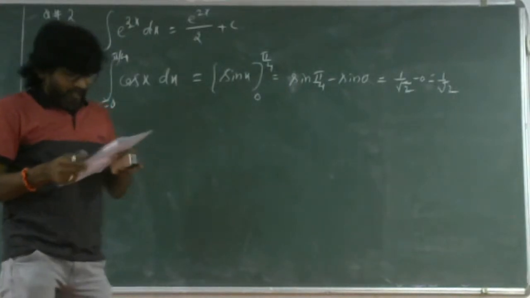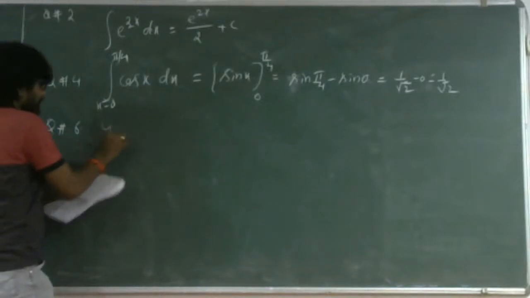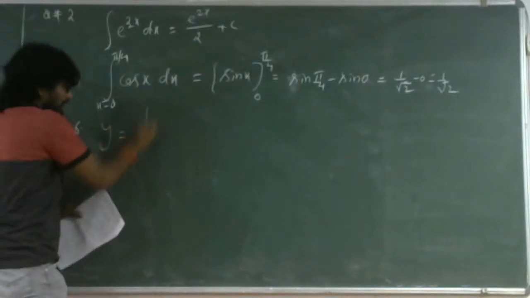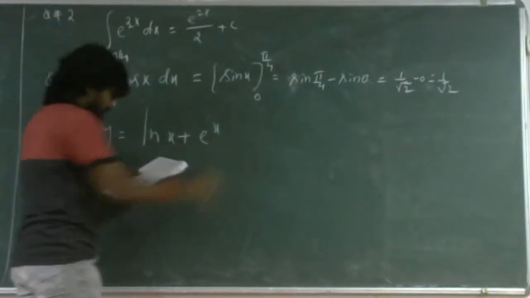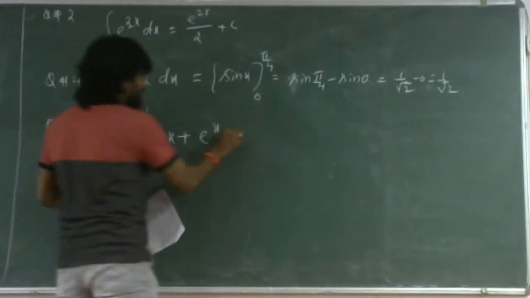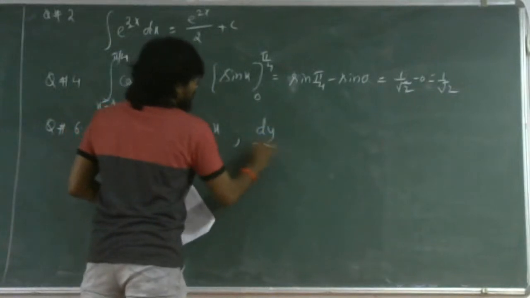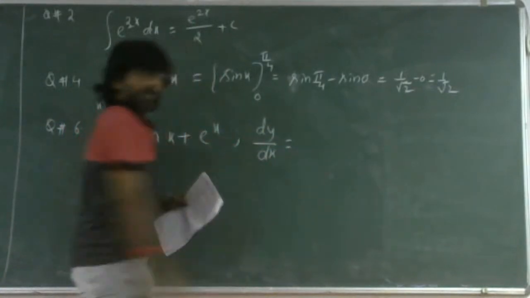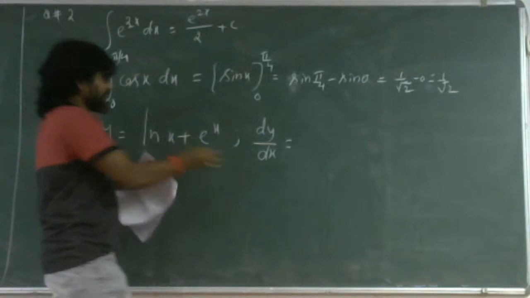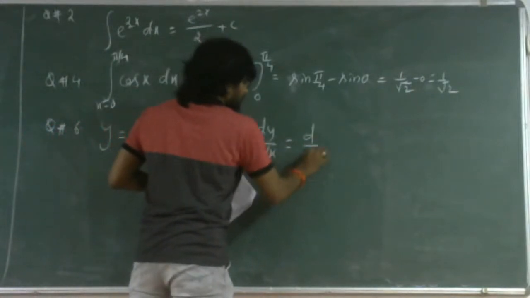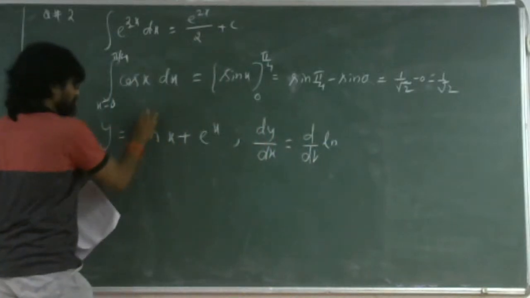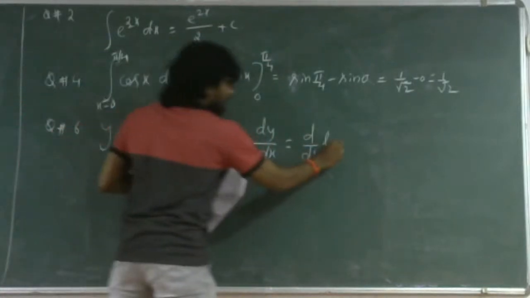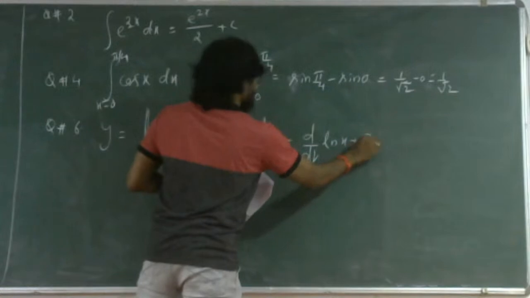Next, question number 6. If y is equal to ln of x plus e power x, then dy by dx is equal to what? You can write d by dx of y, which is ln of x plus e power x.